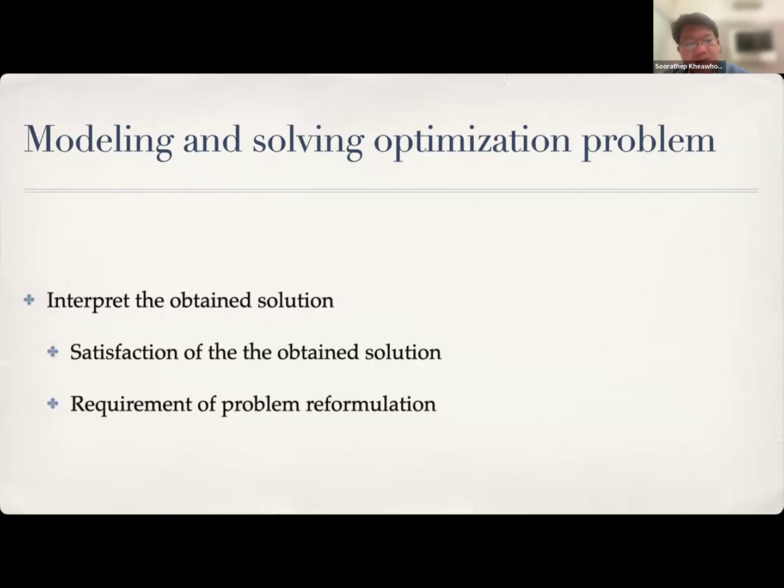The next step is to interpret the obtained solution. So you have to consider satisfaction of the obtained solution, whether the solution you obtain can be implemented in the real world problem, and requirement of problem reformulation or not. What does it mean? Remember that the solution you obtain by solving the optimization only reflects the problem that you formulated.